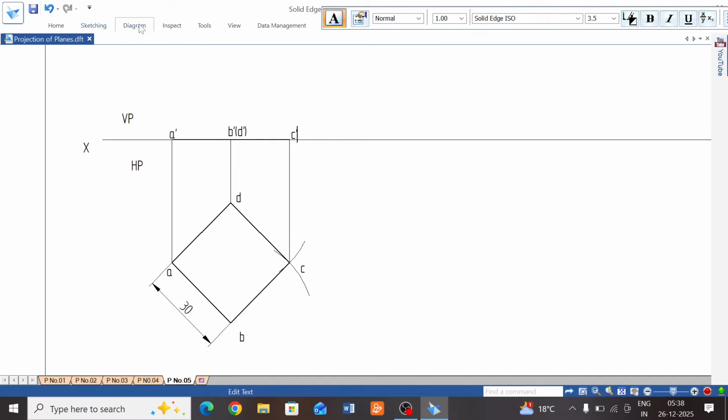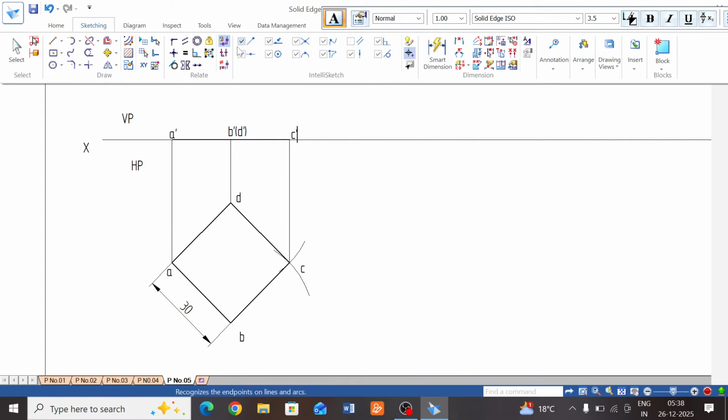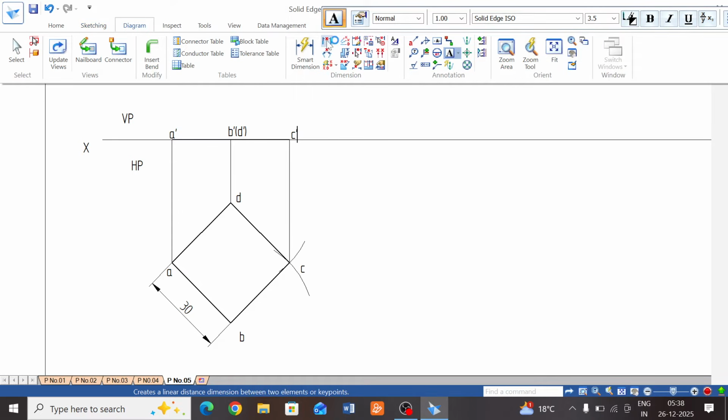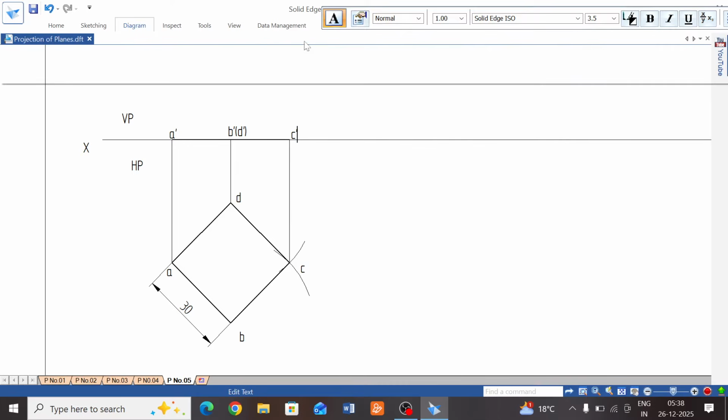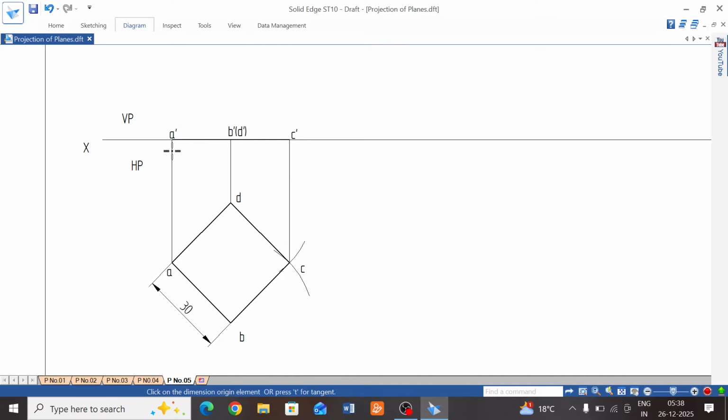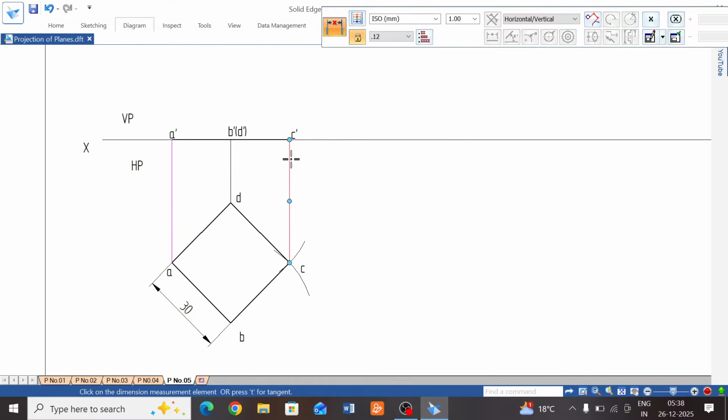Okay, measure this length, whatever the length is, from here to here. It is 42 mm.